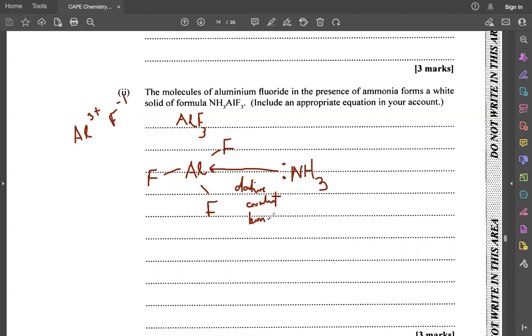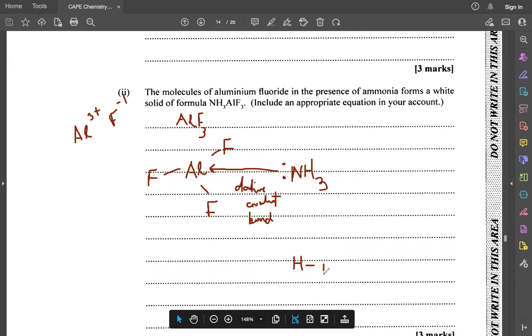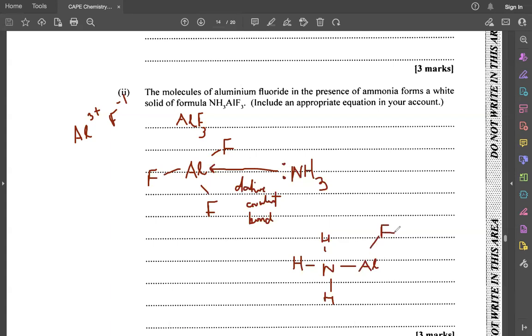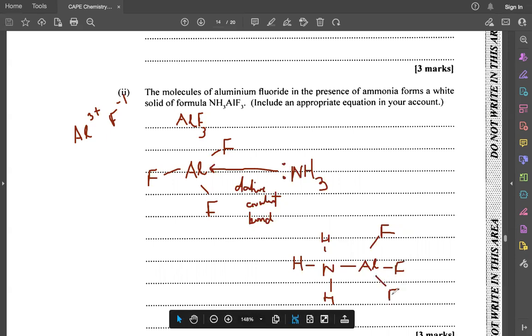And so when that happens, and the ammonia gives its 2 electrons to aluminum, we're going to end up having this structure here where we have H, N, Al. So this is just your ammonia that's then attached to the Al, which had a F here, a F here, and a F here, right?